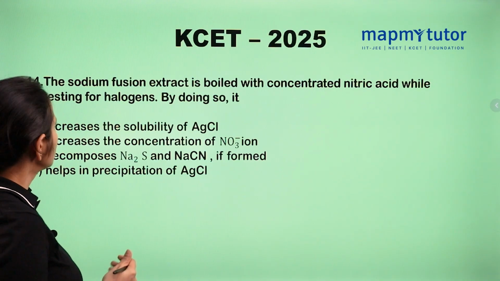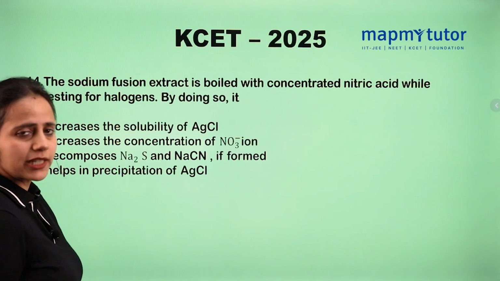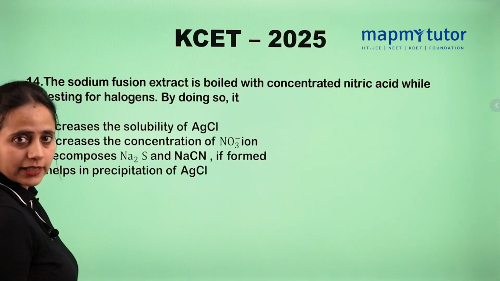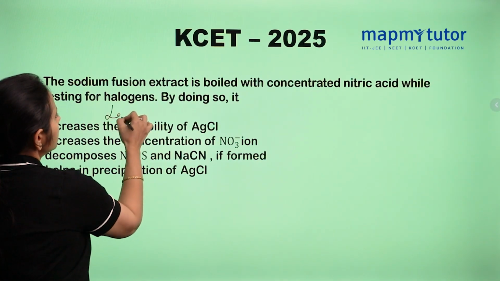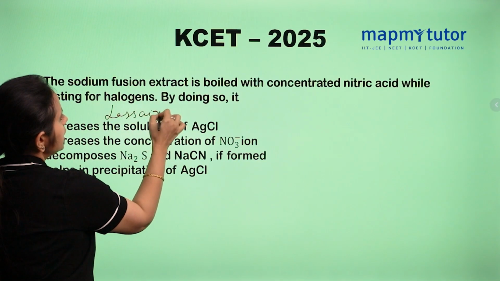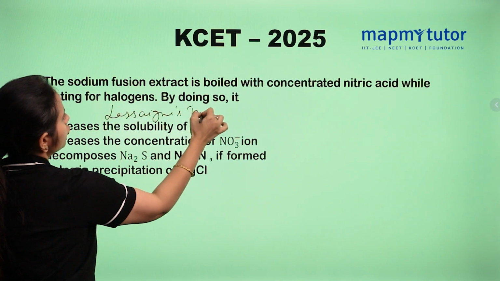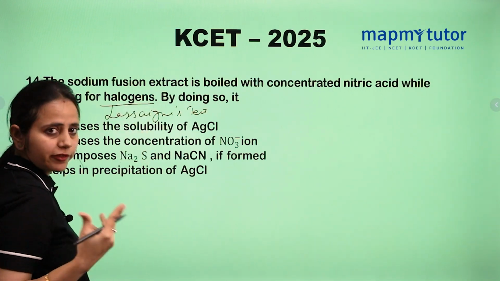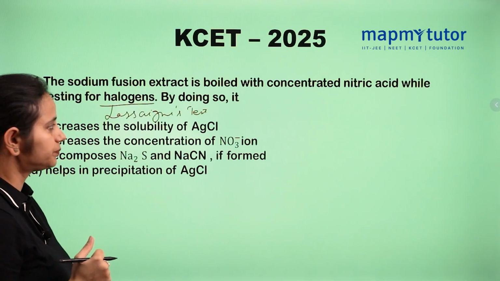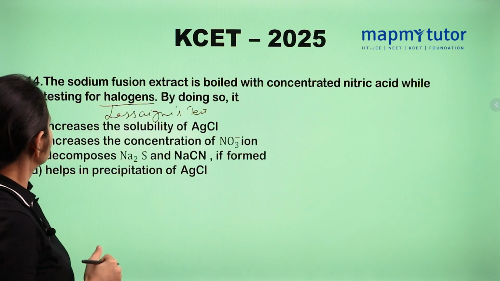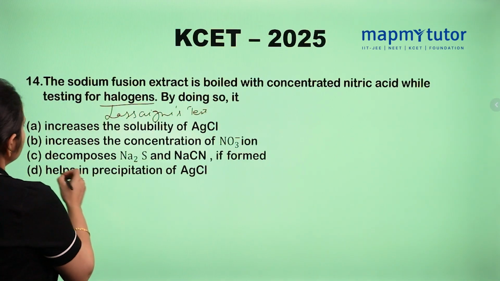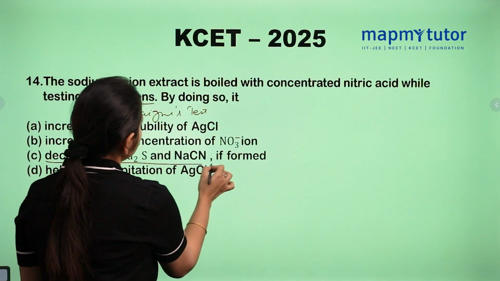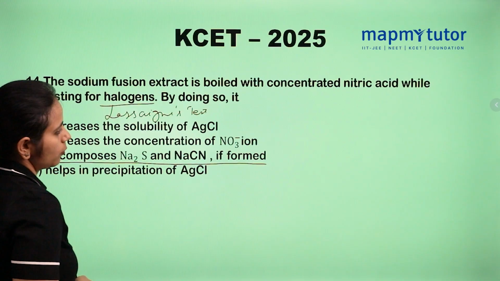This is a very famous test known as the Lassaigne test, which we do for the detection of halogens. This is the right answer: decomposes Na2S and NaCN.